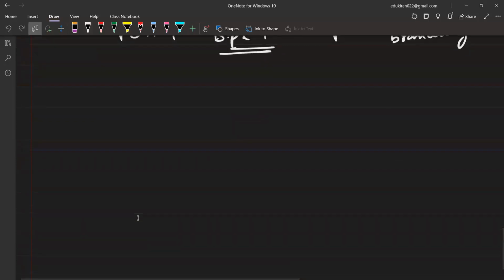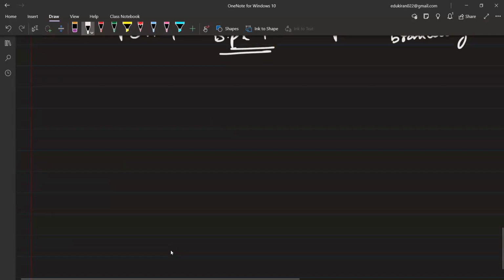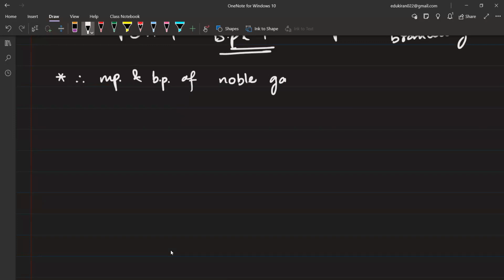चलिए. We can write therefore: melting point and boiling point of noble gases increases down the group.